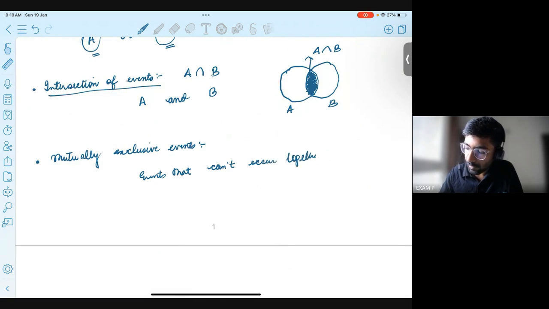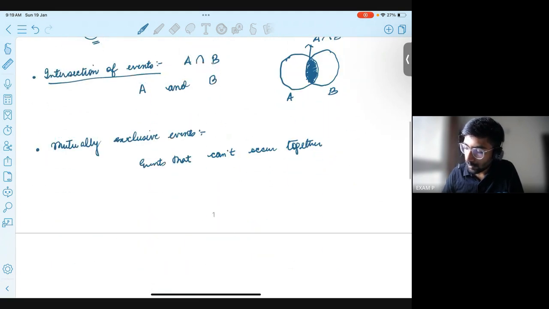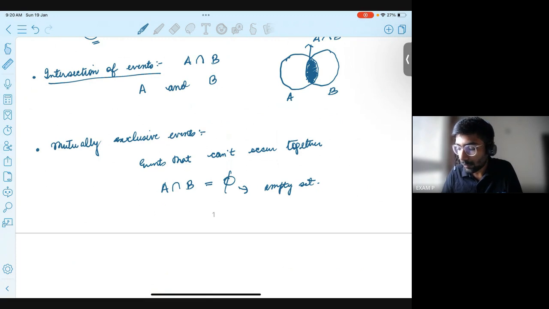What do we mean when we say that events cannot occur together? It means that the intersection of the two events, let's say A and B, should be equal to an empty set. This is phi. It is called an empty set. So there is no intersection. That means there is nothing in common between the set of event A and the set of event B.